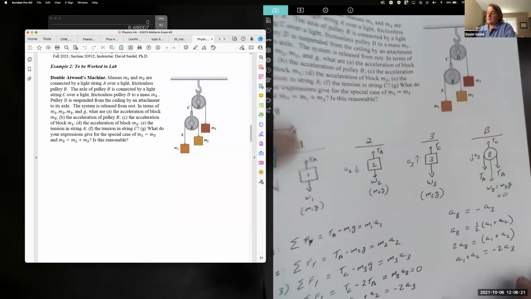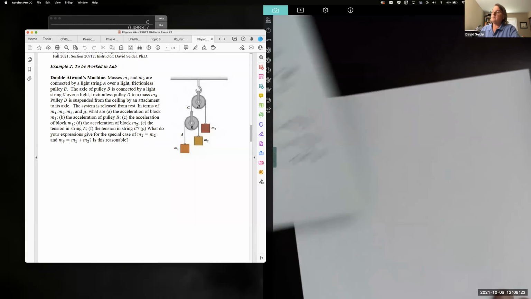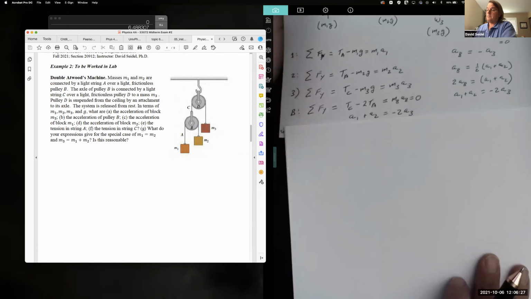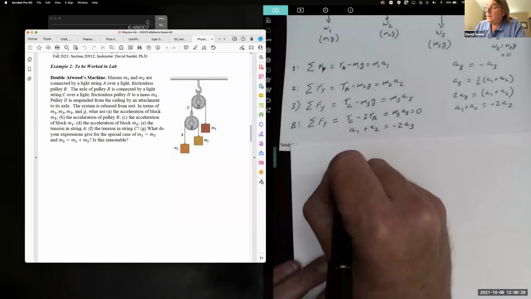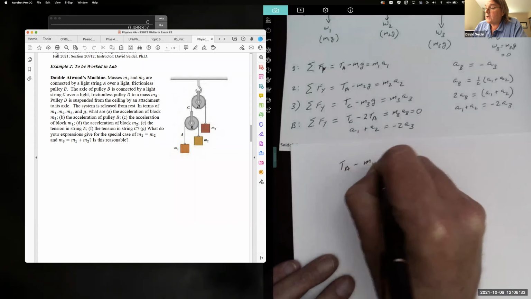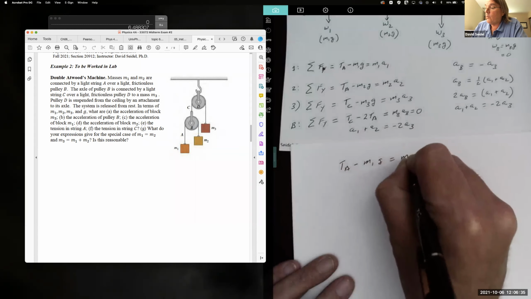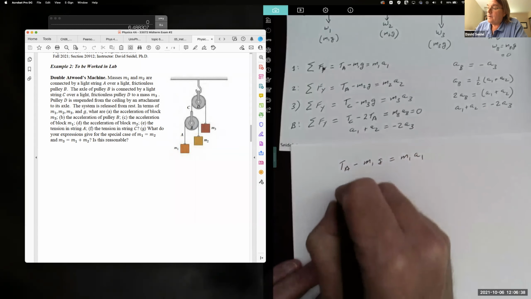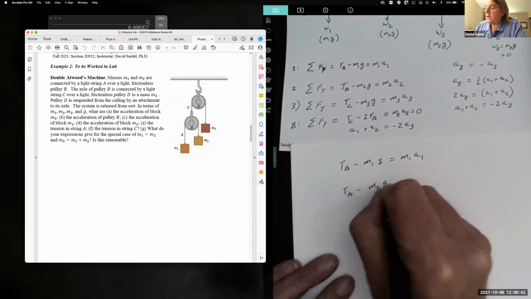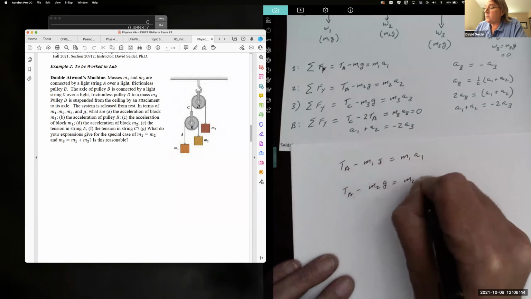Let's write down these equations again. TA minus M1G is equal to M1A1. TA minus M2G is equal to M2A2.